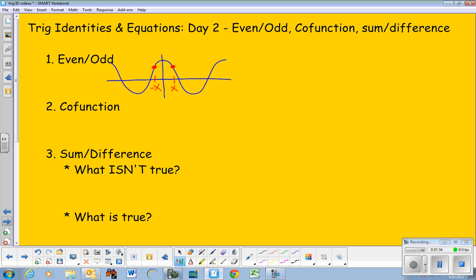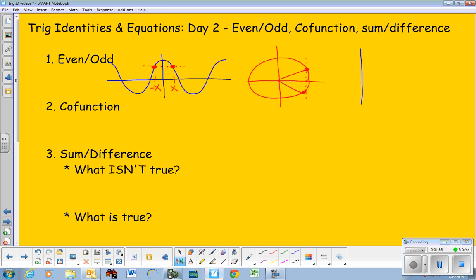You're going to get the same height because of this symmetry. And we've seen that in the unit circle. On the unit circle, the cosine of 30 and the cosine of negative 30 are the same because they have the same x coordinate.